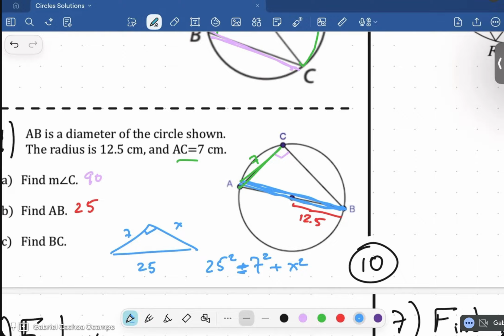Kids, I need my calculator. 25 squared is 625 equals 49 plus x squared. 625 minus 49 is 576 equals x squared, and if you square root it, this is 24. So BC is 24.